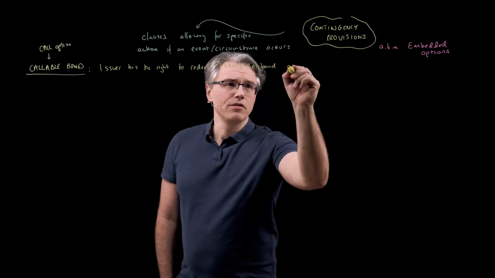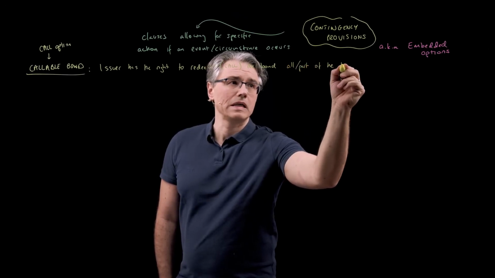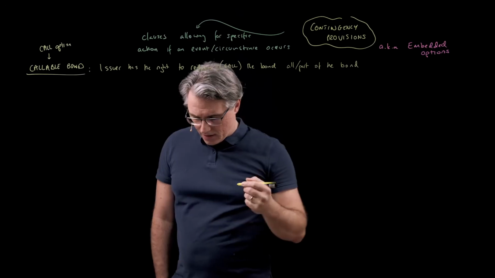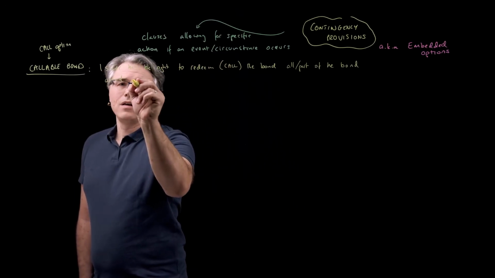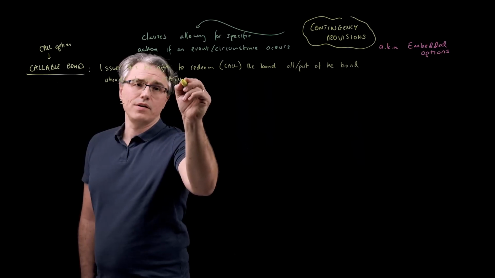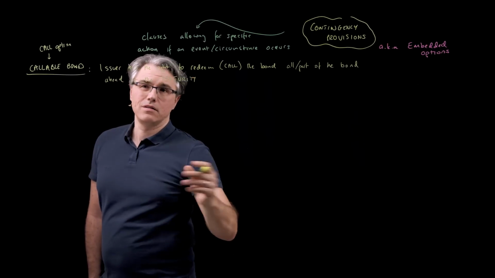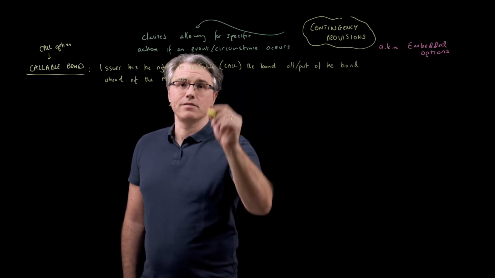And this could be all or part of the bond in question, as I said, ahead of the maturity date. So you're effectively accelerating potentially the moment when cash is given back to investors.